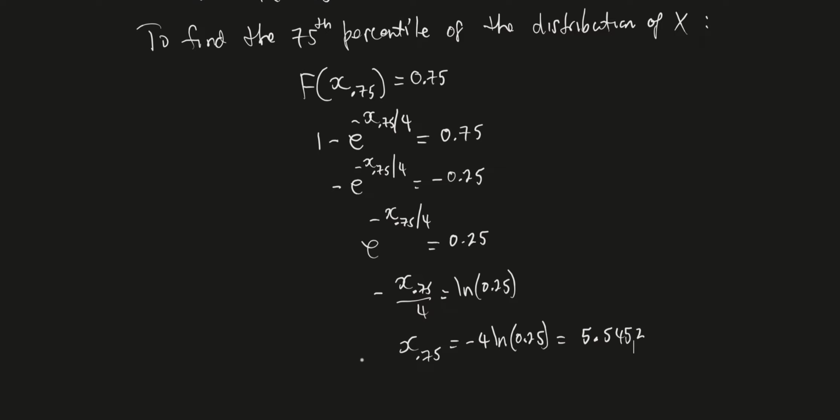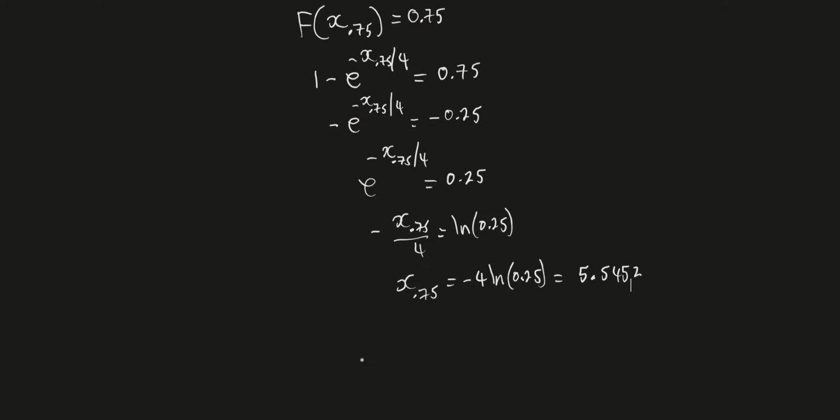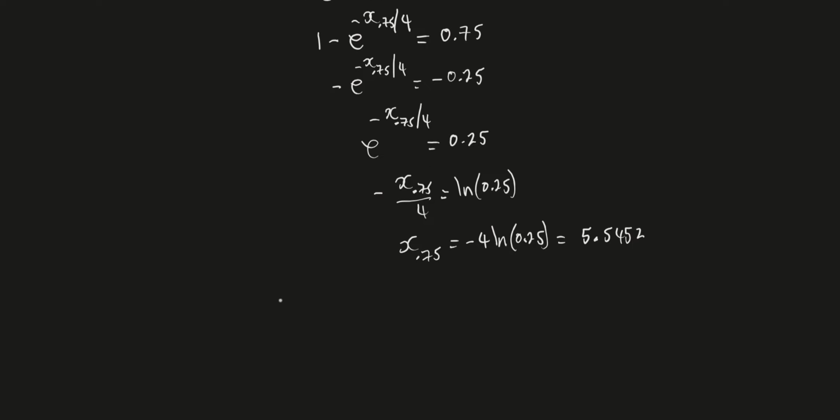And again, this is pretty remarkable. Let me go back and do another sketch. I'm in a sketchy mood today. So if we sketch the PDF, it starts up here at 1/4, and then it decays exponentially like this. And remember, the entire sample space is 0 to infinity.